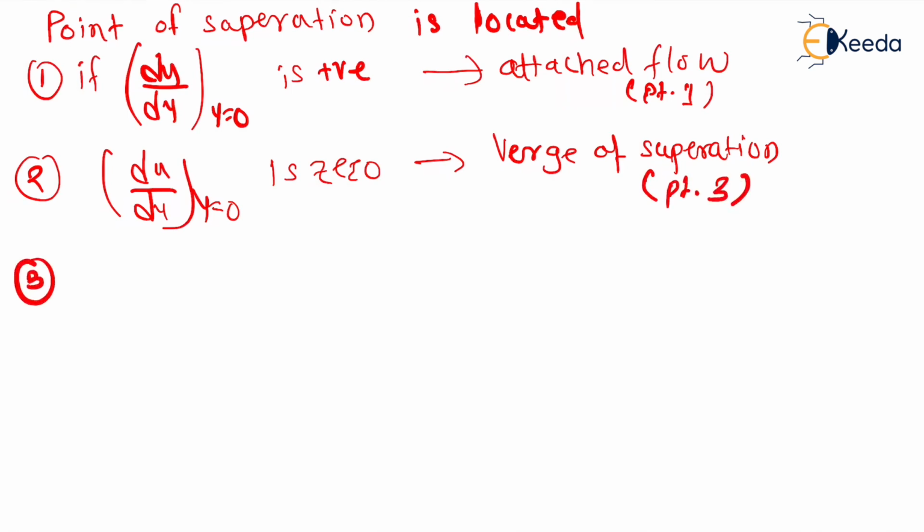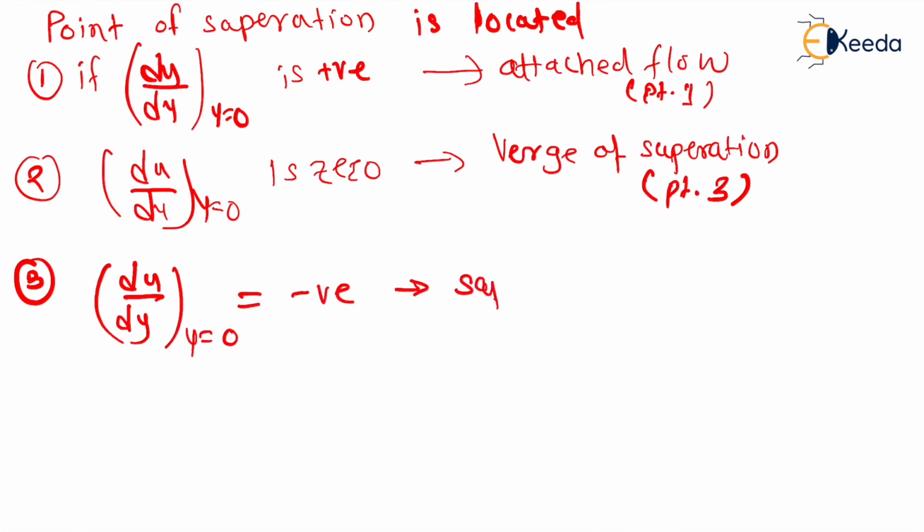And this is third case, that is du upon dy at y equal to 0 is negative, separated flow. That's all. Thank you.